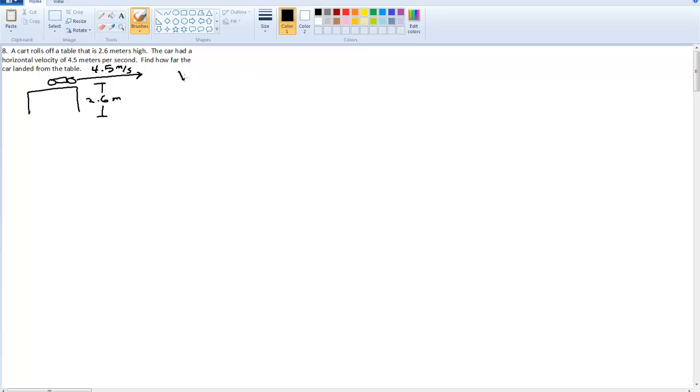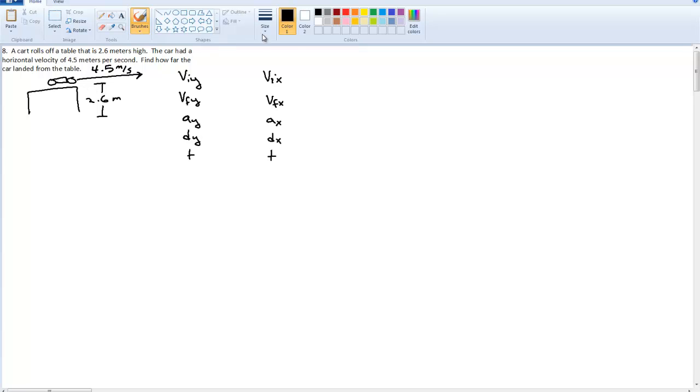So set up my variables: VIY, VFY, even though we never really use it, AY, DY, and T. I have my VIX, VFX, AX, DX, and T. Now in this case, find how far the car landed from the table.